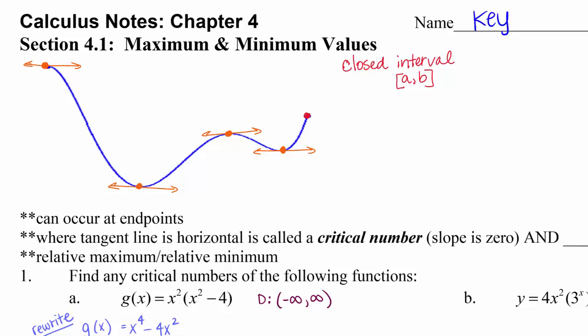In other words, where the tangent line is horizontal, or where the first derivative is 0, I have what's called a critical number. We can solve that using calculus, but let's define these points in terms of maximum or minimum.